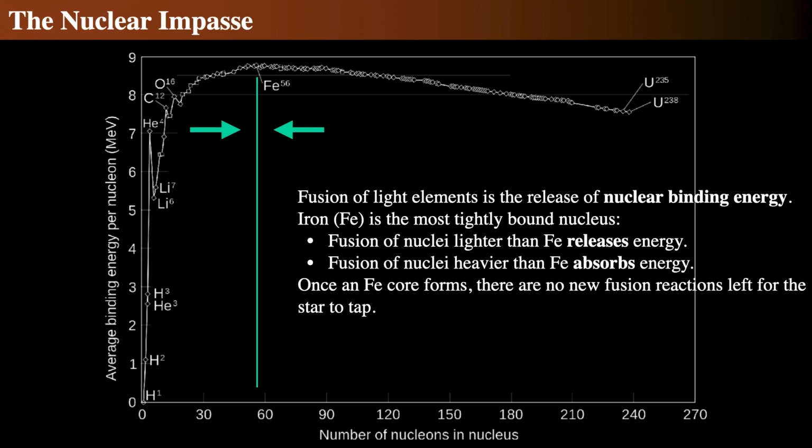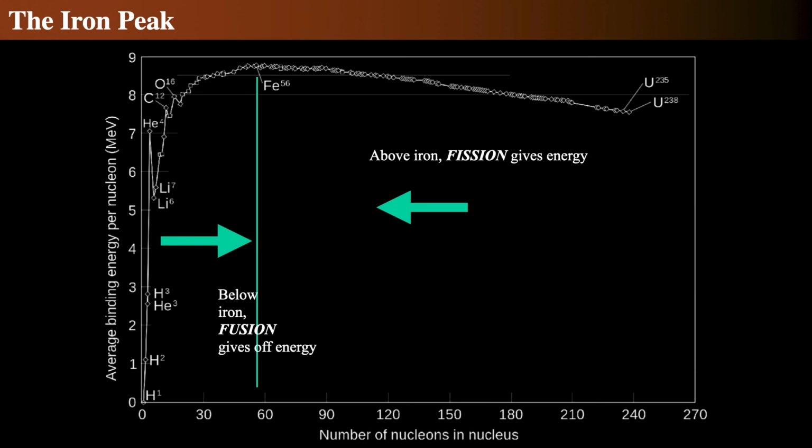So once an iron core forms, there are no fusion reactions left for the star to tap in order to release energy. So gravity's still working, and that's what's happening. And here's a view of that thing again. Below iron, fusion will give off energy. Above iron, fusion takes energy, or more specifically, fission gives off energy.